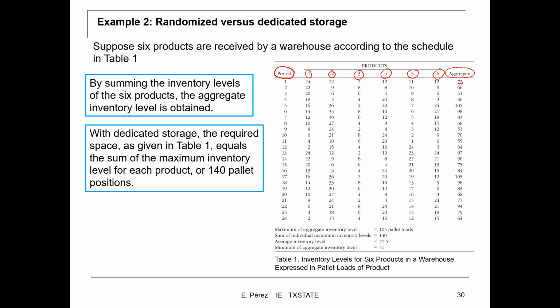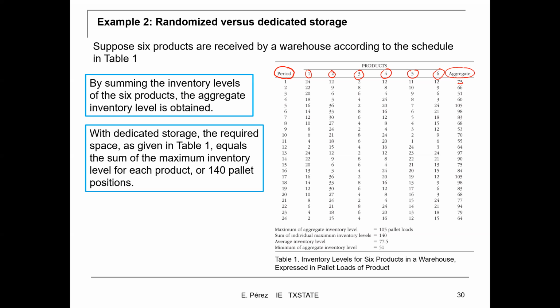When you plan for dedicated storage, the required space, as given in table 1, equals the sum of the maximum inventory level for each product. In this case, that would be 140. So remember that for dedicated storage, we are always saving the space for a specific product in the warehouse.